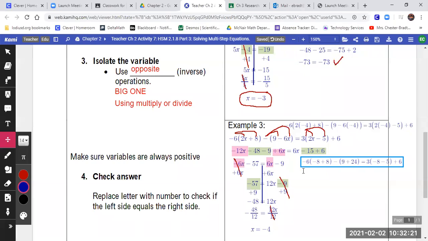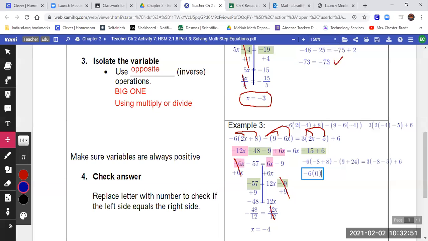Now, what is a negative 8 with a positive 8? That's what that says in that first parentheses. So what is that? 0. Okay.